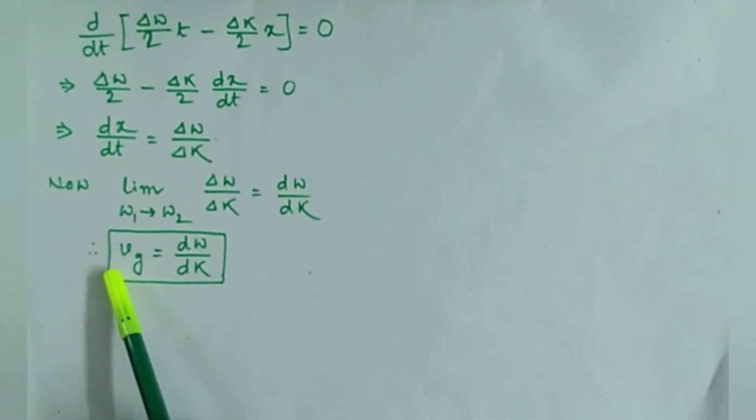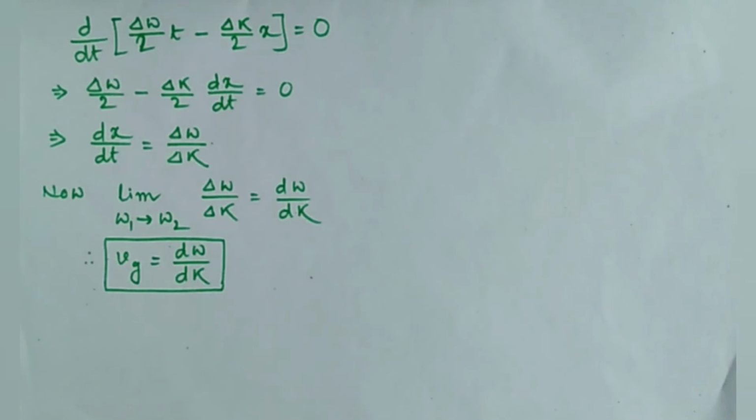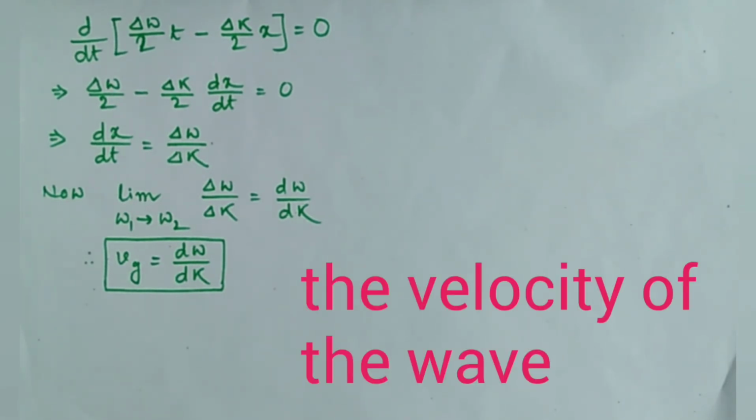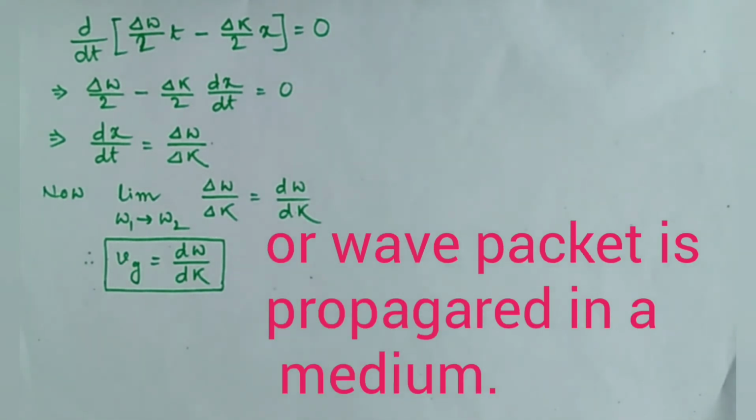So the group velocity Vg equal to d omega by dk. Thus we may define the group velocity as the velocity with which a group of waves or wave packet is propagated in a medium.